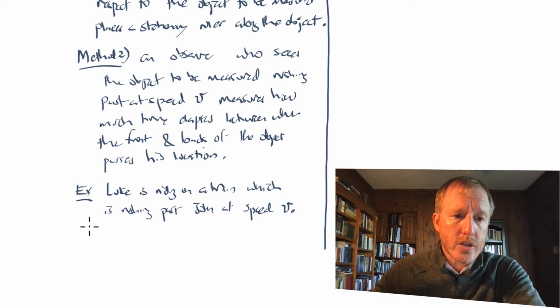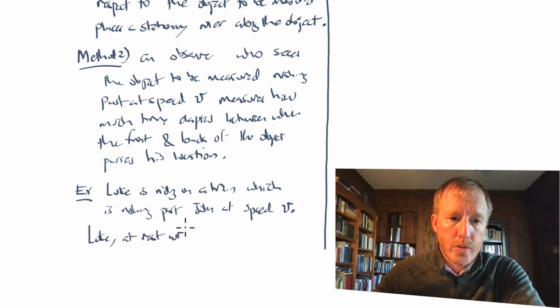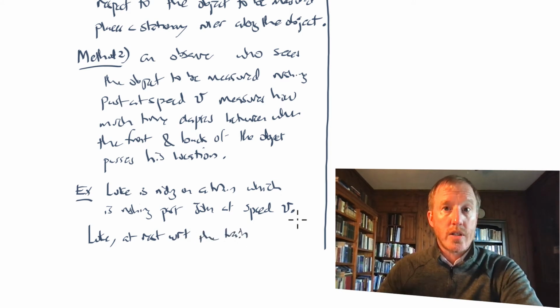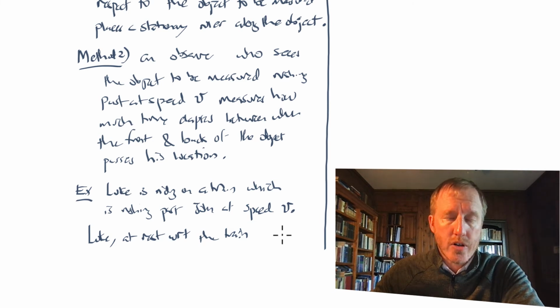Okay, and let's suppose that Luke, who is at rest with respect to the train, has a long tape measure and he measures the length of the train using method 1.